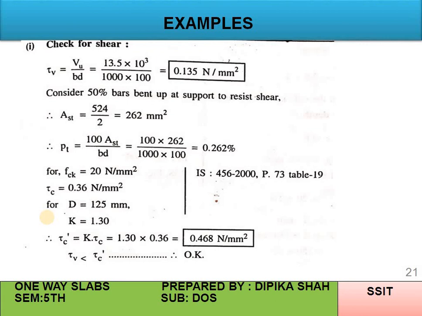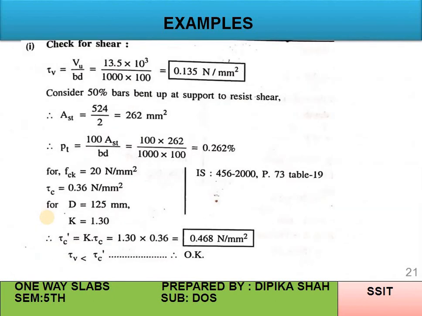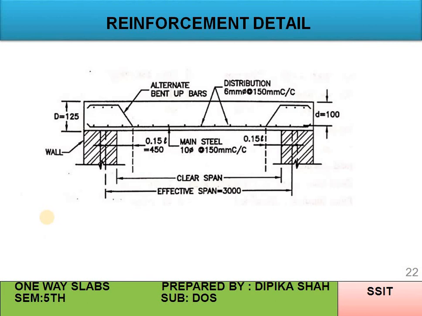After calculating the bending moment, we will provide main steel and distribution steel. मेन स्टील और डिस्ट्रीब्यूशन स्टील प्रोवाइड करने के बाद हमें सारे चेक करने हैं, चेक फॉर क्रैकिंग, चेक फॉर shear, चेक फॉर डेवलपमेंट लेंथ एंड चेक फॉर डिफ्लेक्शन. सो ये 4 चेक्स हमें करने हैं. आपको एग्जांपल में अगर दिया है कि ओनली आपको डिफ्लेक्शन चेक करना है, सो आपको सिर्फ डिफ्लेक्शन चेक करना है. अगर आपको बोला है कि डेवलपमेंट लेंथ का चेक कीजिए, तो आपको डेवलपमेंट लेंथ का चेक करना है. अगर आपको कुछ लिखा नहीं है तो आपको चारों करने हैं. अगर आपको कोई स्पेसिफिक बताया है तो आपको वही करना है.